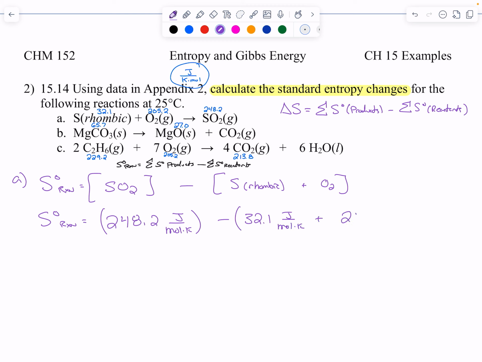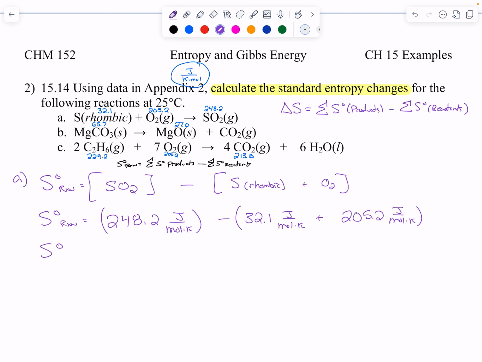Plus 205.2 joules per mole Kelvin. Remember, for entropy, everything has entropy, so it's not 0. And then you have the math. So you'd have your 248.2, right? And now, what's important here is that all these are 1s.